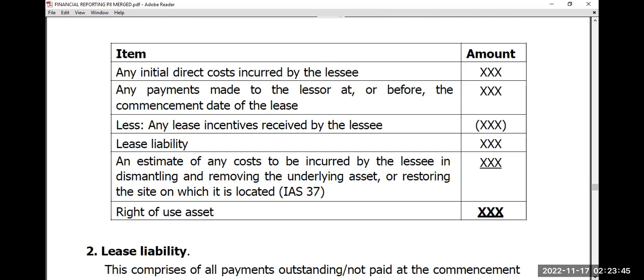The second item is any payment that has been made to the lessor at or before the commencement date of the lease. There are certain costs if, let's say, you wanted to acquire a given asset on a lease arrangement.